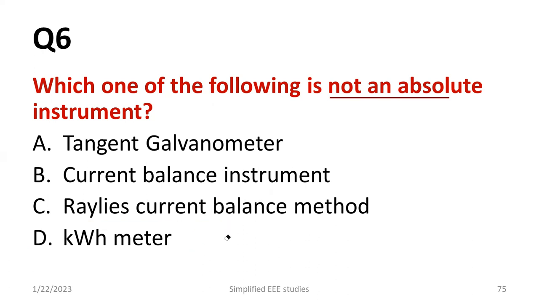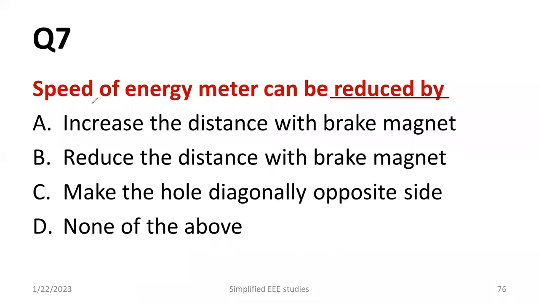So moving further, question number 7, you can go through that. Speed of energy meter can be reduced by. So there is one relation, the braking torque equation. You have to study this important equation. Braking torque equation, you can write phi m square into N into d divided by the resistance.